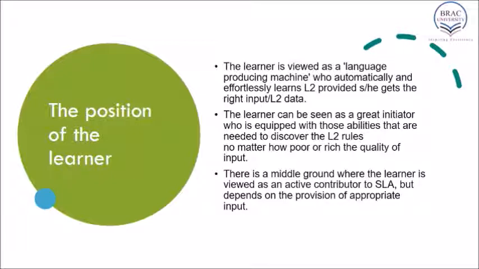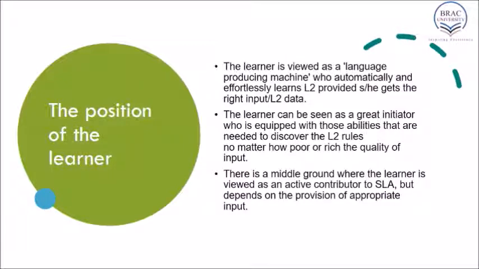In the behaviorist school, the learner is thought to be a language producing machine who automatically and effortlessly learns a second language, provided he or she gets the right input or second language data. From the perspective of the nativist, the learner can be seen as a great initiator who is equipped with the abilities needed to discover the second language rules, no matter how poor or rich the quality of the input is.